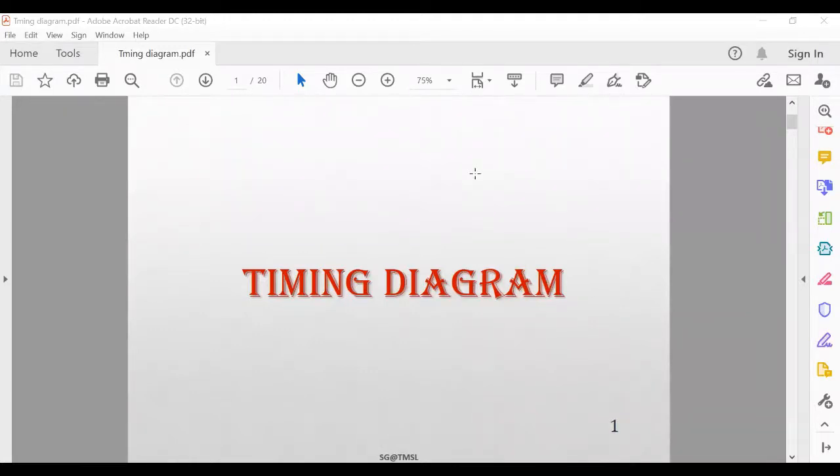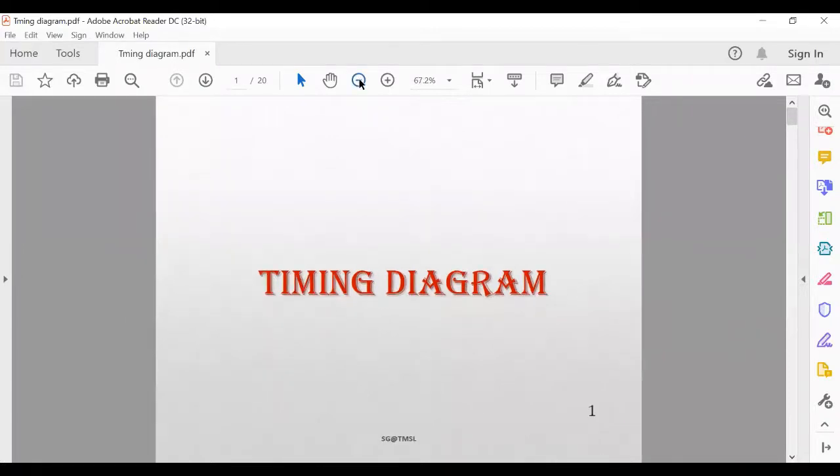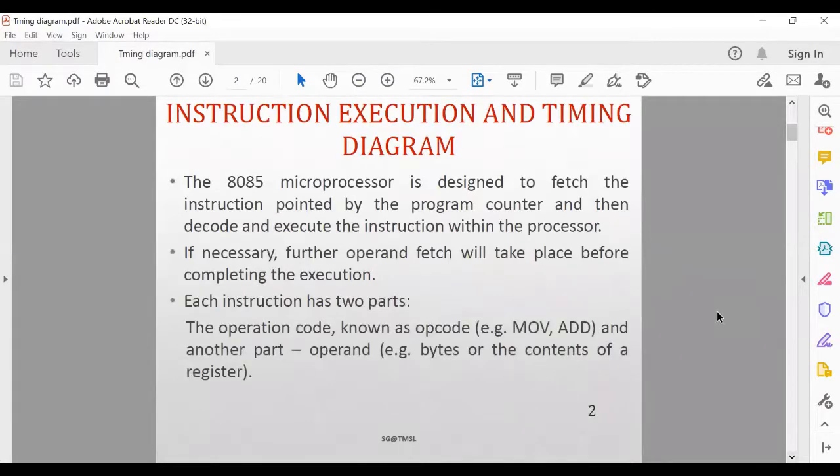So the 8085 is designed basically to fetch the instruction, which is pointed to by the program counter, then it decodes the instruction and then executes the instruction.